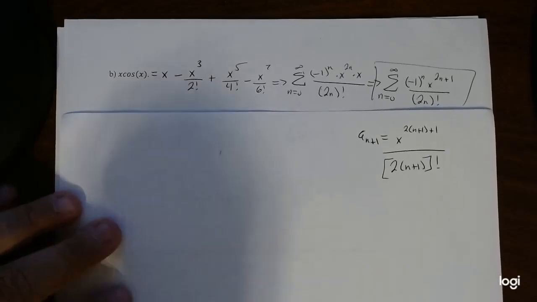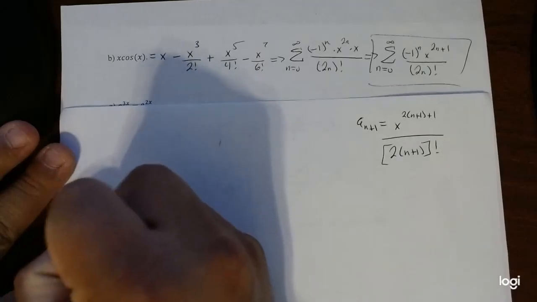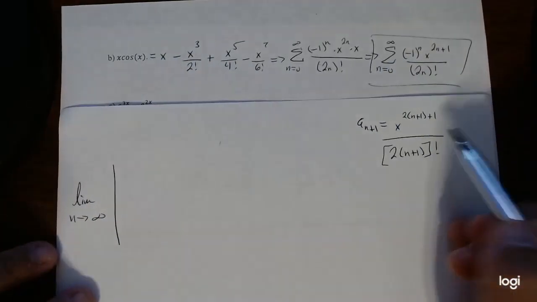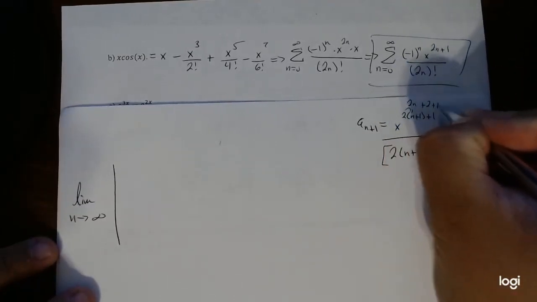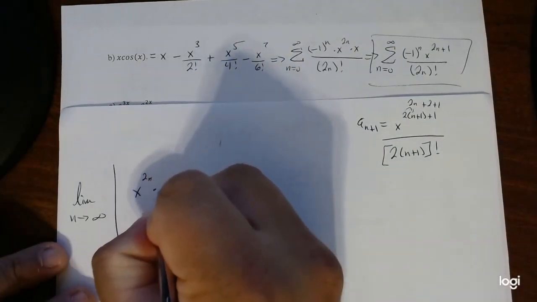Okay, so again, doing the ratio, taking the limit as n goes to infinity. And again, I'm going to slowly break this up. If I distribute 2n plus 2 plus 1, that's going to be 3. So this could be x to the 2n times x to the third.